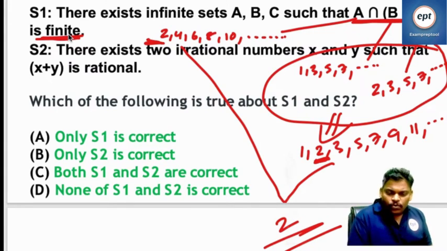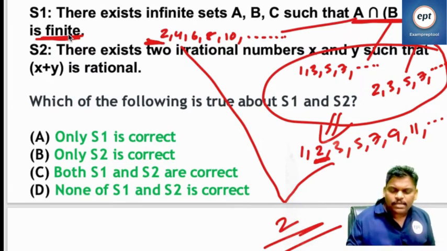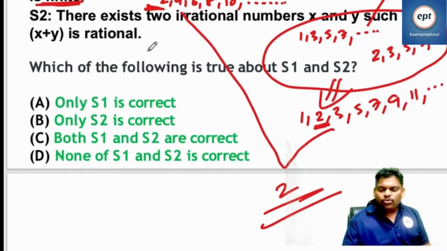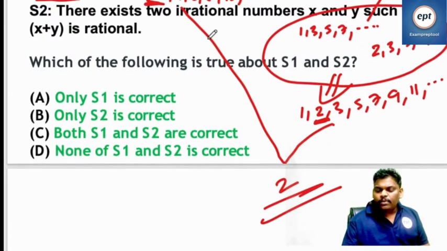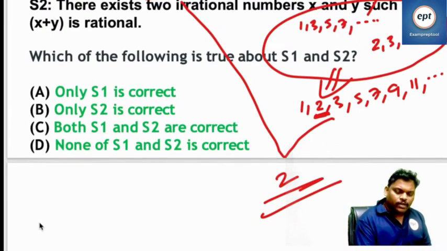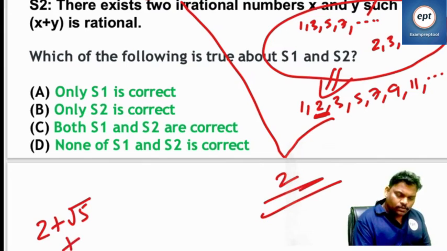So S1 is true or not? S1 is correct. See the S2. Two irrational numbers x and y, if you add, the result will become rational. I think that is fine. 2 plus root 5, 2 minus root 5.